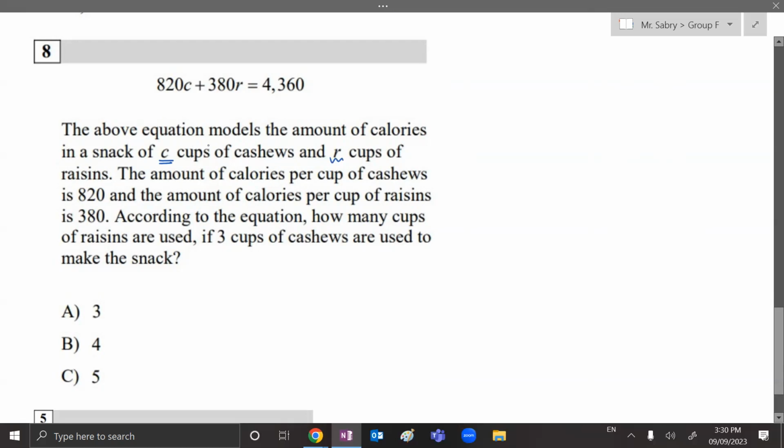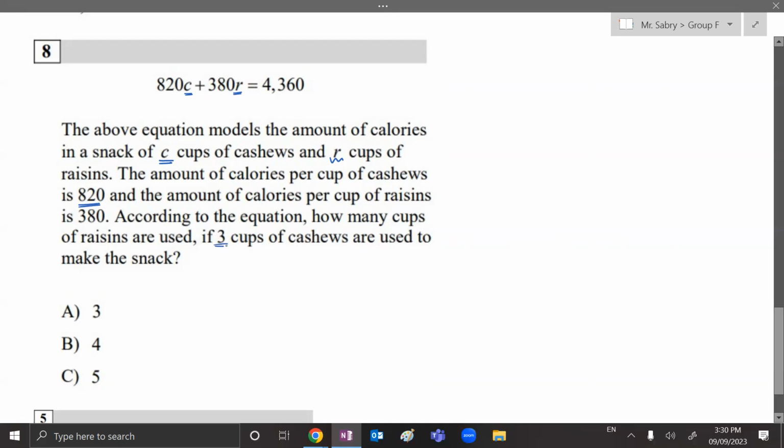So the C is the cups of cashews and the R is cups of raisins.